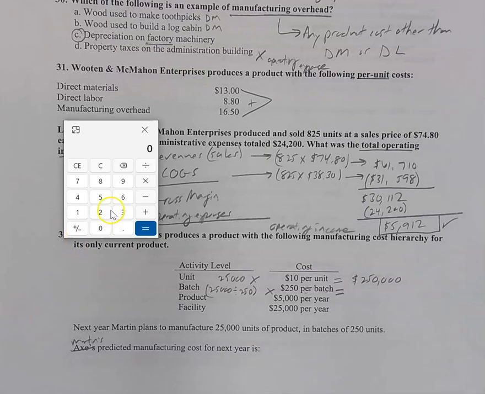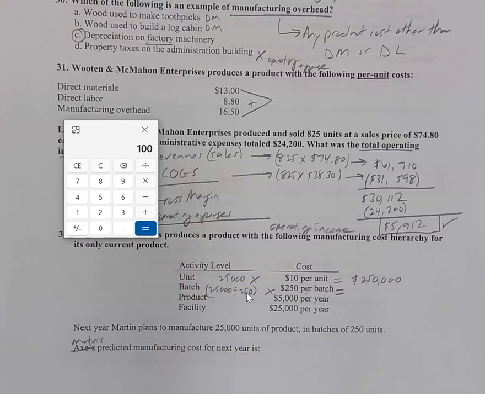Because we've got 25,000 units of production here, and we can make 250 units per batch. So how many batches are we going to need? Well, we need 100 batches. Okay, 25,000 divided by 250 units per batch.